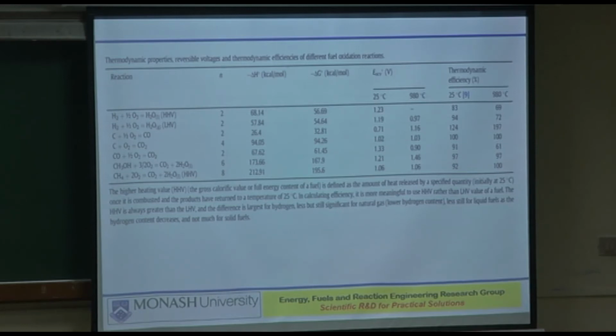If your fuel cell is going to use only hydrogen, then the first two will be relevant, depending on to what extent you can take it, whether the product from fuel cell reactions is condensed or the product is not condensed and allowed to go out as a gas. So depending on that, the first two expressions will be different.